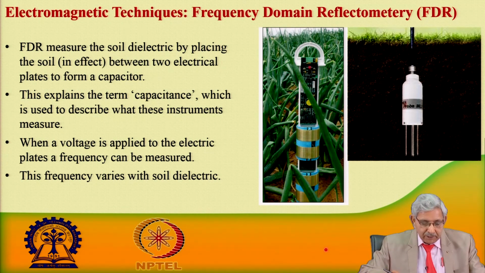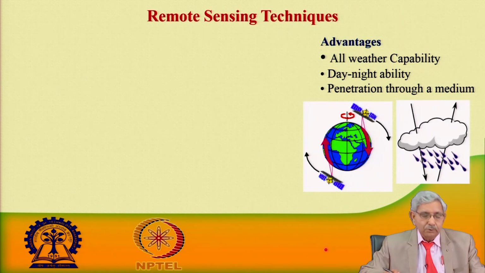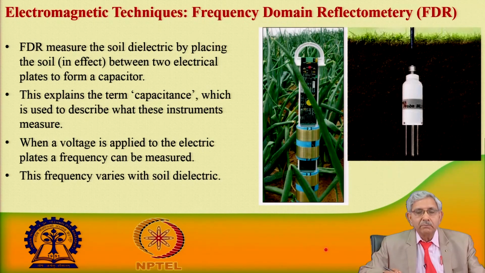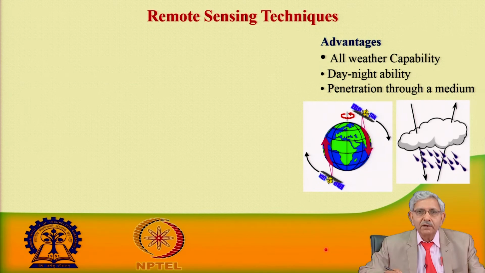When voltage is applied to the plates, a frequency can be measured. This frequency varies with the soil dielectric constant. It is a simple device and gives considerably precise observations, but it is also an expensive device used for measurement of soil moisture content.